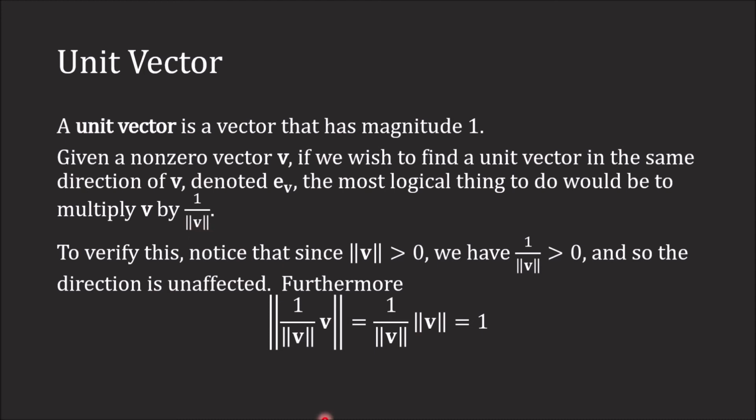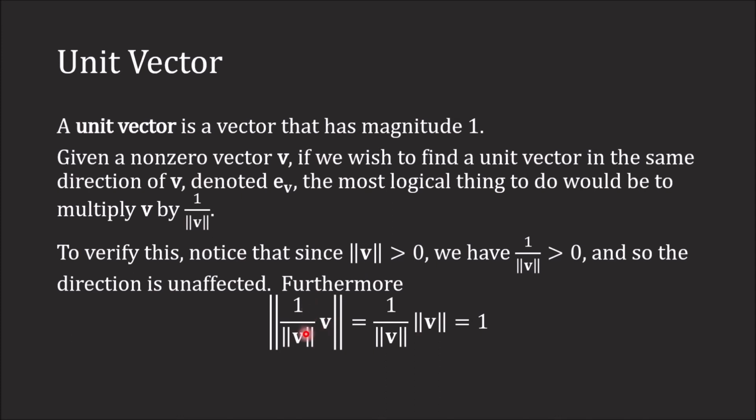Now if we take the magnitude of 1 over the magnitude of v times v, well, 1 over the magnitude of v is a scalar, so this is scalar multiplication. So this will have magnitude of the absolute value of 1 over magnitude of v times the magnitude of v.